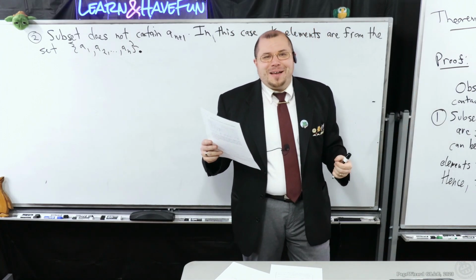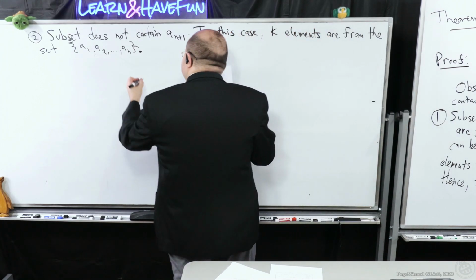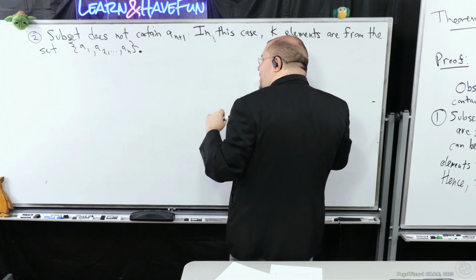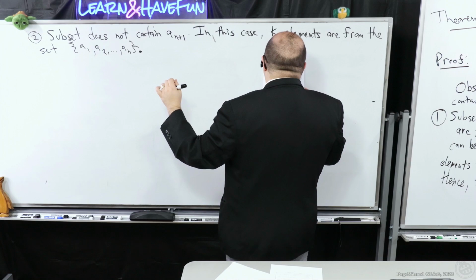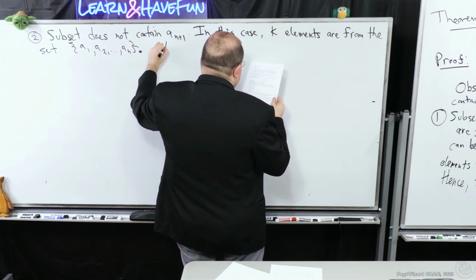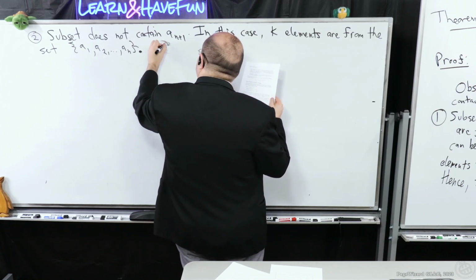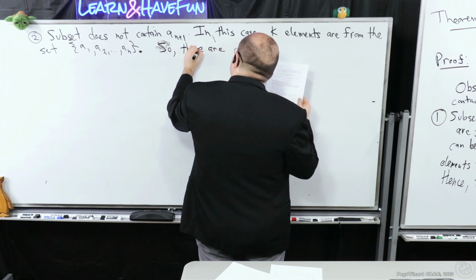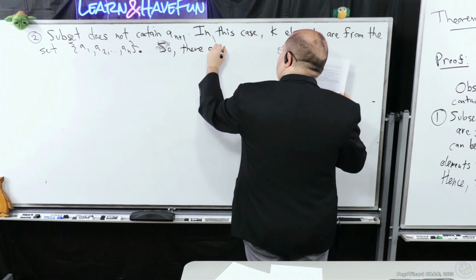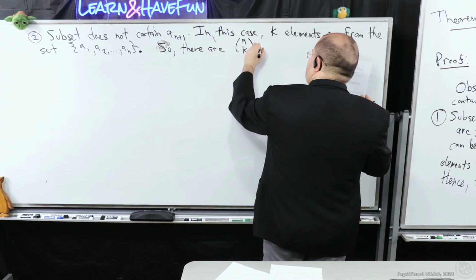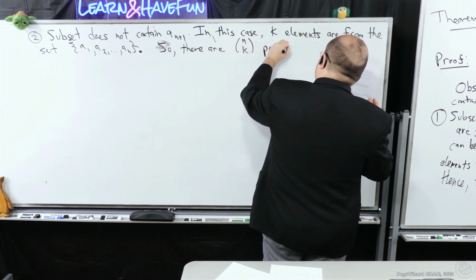Is that other part of the Pascal's formula. Well, if I have k elements, I'm choosing from a set with n elements. It's n choose what? N choose k. So there are n choose k possible subsets.